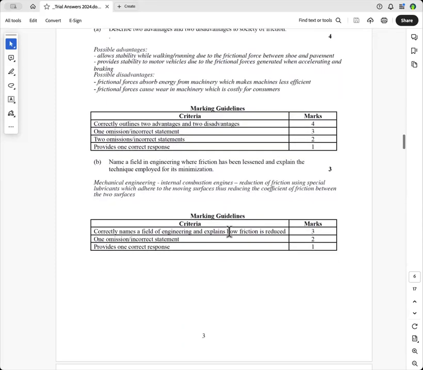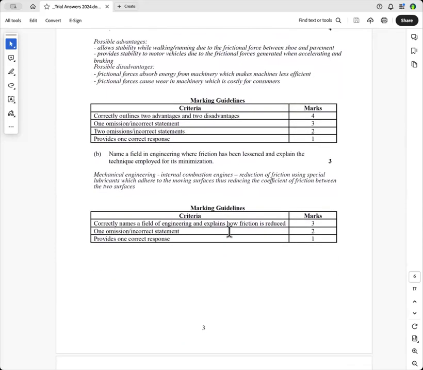Okay, name a field in engineering where friction has been lessened and explain the technique employed for its minimization. So here's a good example: mechanical engineering, like the internal combustion engine, has a massive amount of friction because you have pistons inside cylinders, and the friction is reduced tremendously by the use of lubricants which adhere to the moving surfaces.